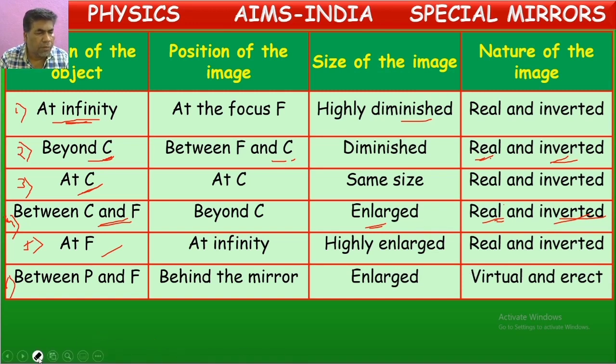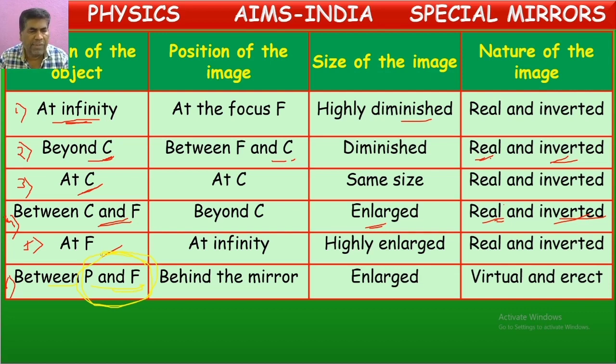Last case, when the object is placed between pole and focus, means very close to the mirror, like a shaving mirror. Why like a shaving mirror? Because a normal plain mirror is different, shaving mirror is different.